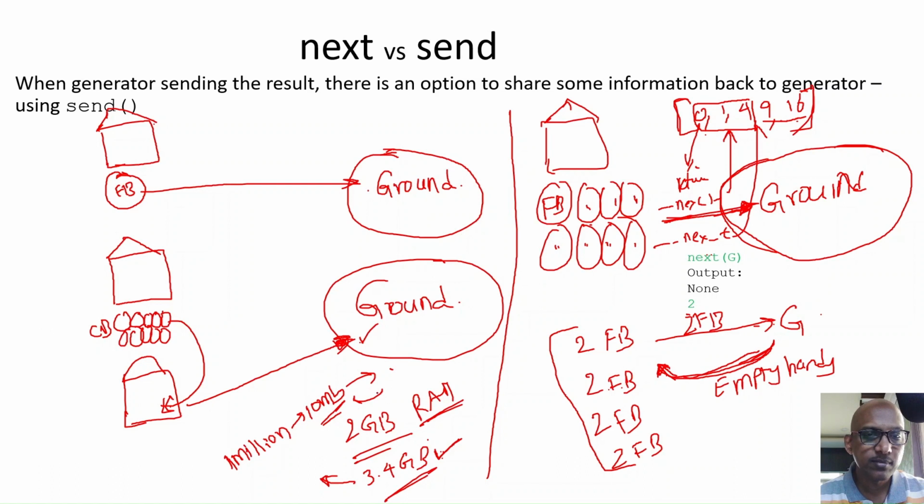So your RAM is going to support it. Rather than returning the entire 3.4 GB of data, which is not possible with 2 GB of RAM, you send element by element from the generator function. Generator functions are always used whenever you want to return the values element by element rather than all the data together in one shot.